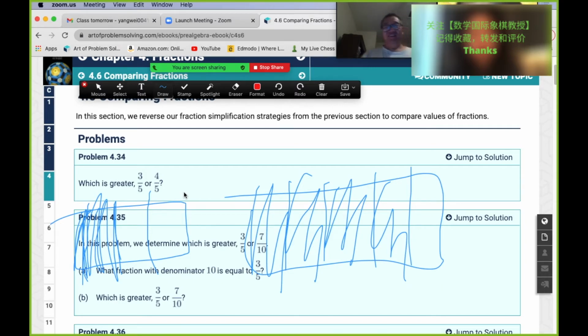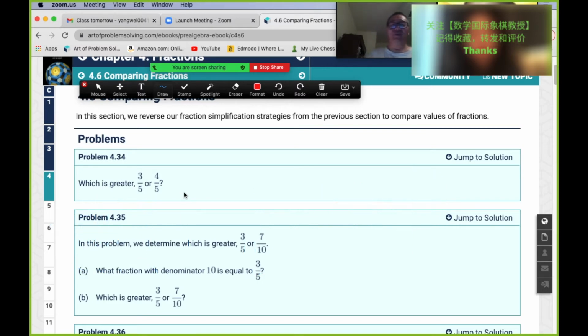Now, with this one you draw the picture to help understand, right? Another way, if we just consider the numbers, these two fractions have the same denominator, 5. You could divide it, but convert each one to a decimal, right?